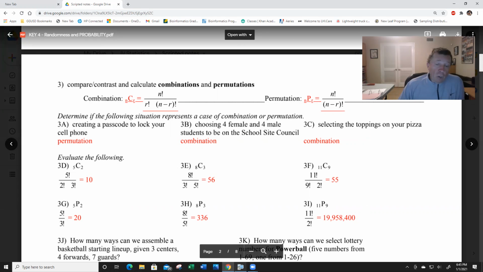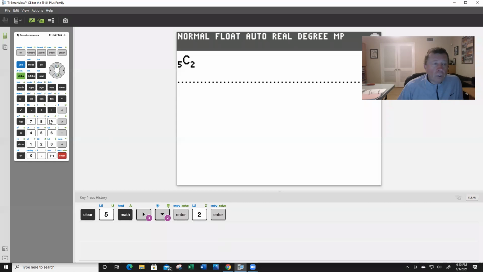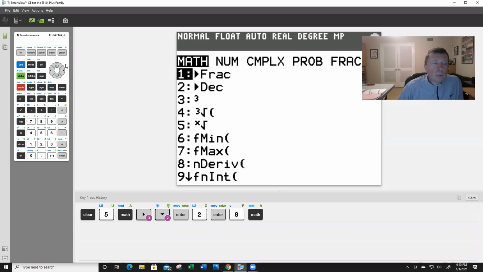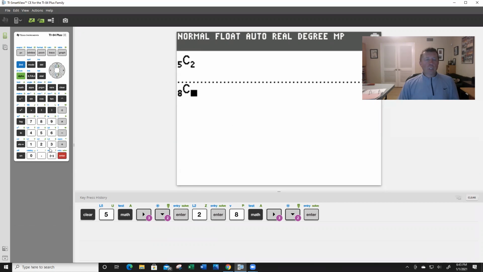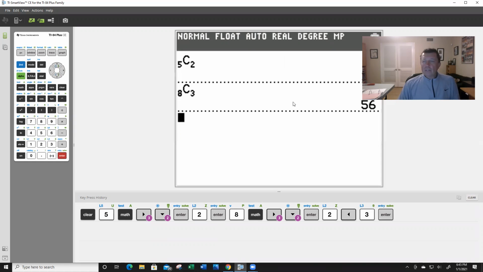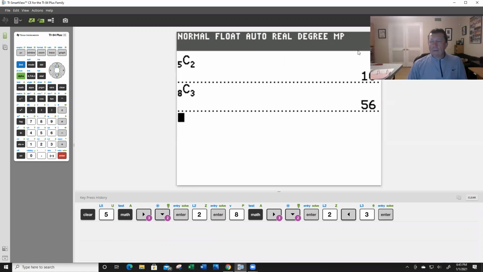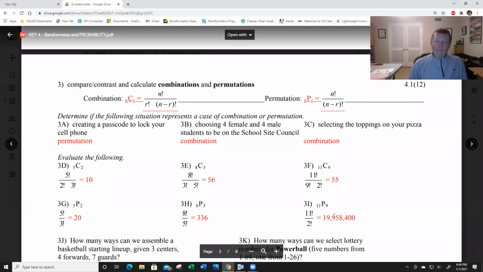So I might go to my calculator and go 8, math, probability, a little bit of work. 8 choose 3. Whoops, I missed it. Go back again, try again. 8 choose 3. Okay, and it's 56. You could do it that way. So that's fine too.